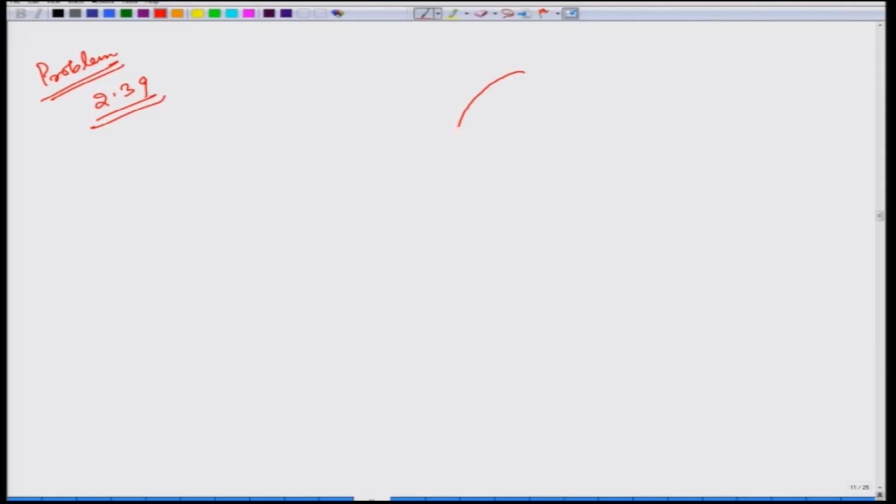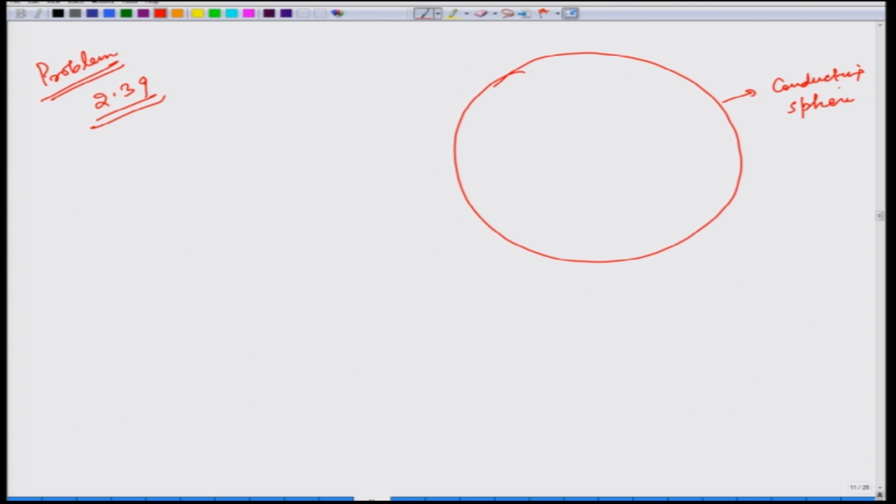So what it says is something like this. So this is my sphere, and this is a conducting sphere of radius R. We are hollowing out two cavities.